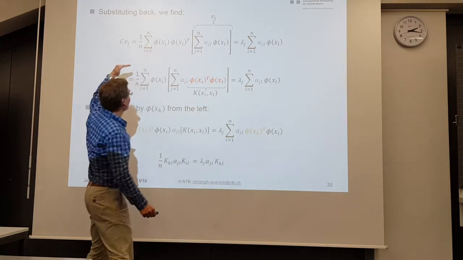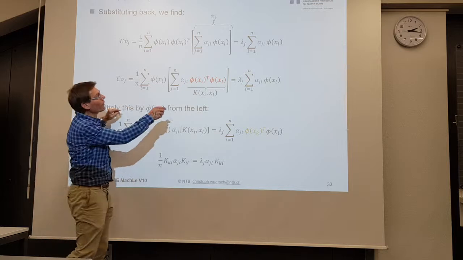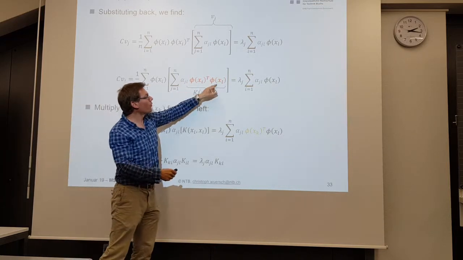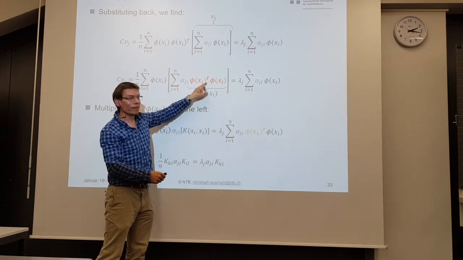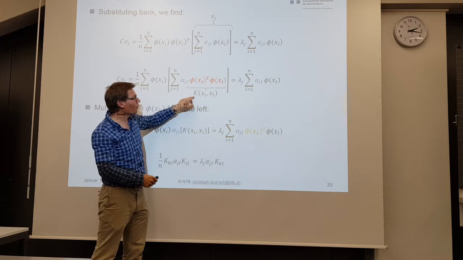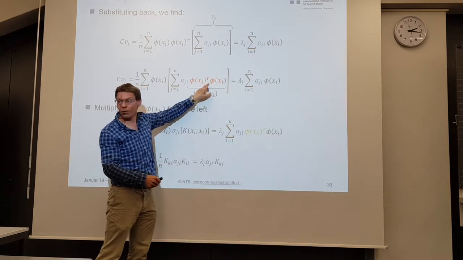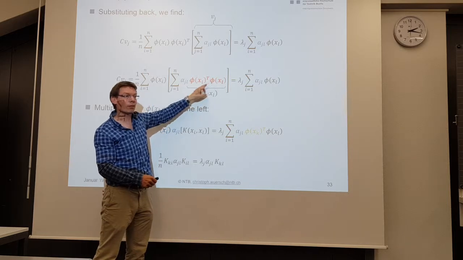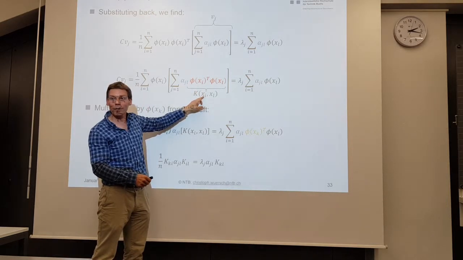If we go further, we do the trick and say this is just a scalar. Let's take this out, and we formulate it like this. And this is now a matrix. It turns out it's actually the definition of the scalar product, phi transposed phi, that's the scalar product. That's represented by the kernel matrix.